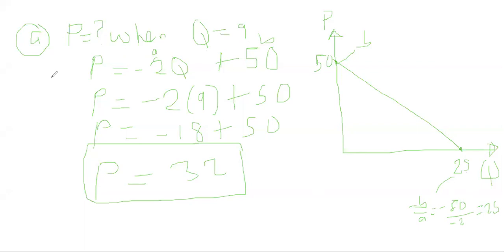So coming back to A, it says that when price, remember, this is price, the coordinates, and Q. So it is telling us that when quantity is 9, price is 32.